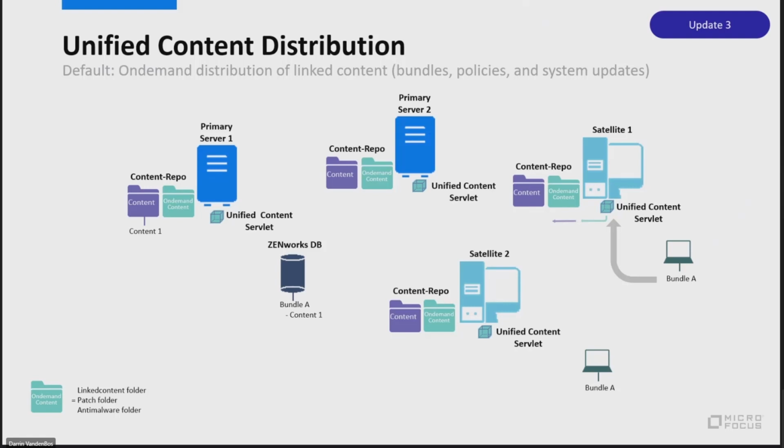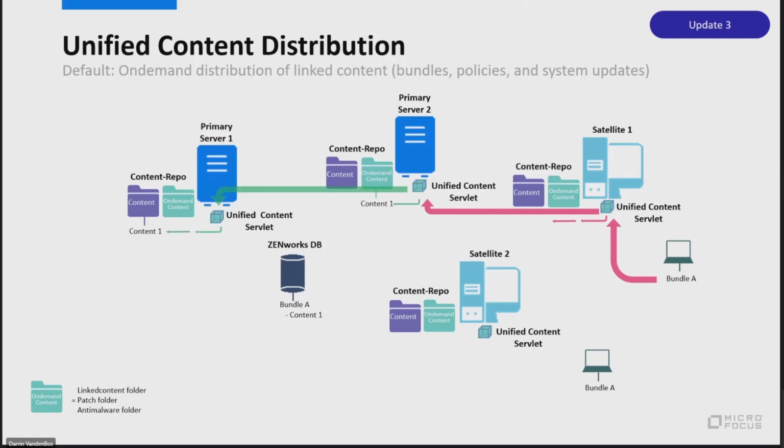But it looks in both of those, and if it doesn't find the content there, rather than failing, it says, okay, I can't get that content. I'm going to go to an upstream server, in this case primary server 2, and request it from that server. If that content server has it, it will serve it back down. If it doesn't, it goes to another upstream content server, in this case primary server 1, and looks for it.